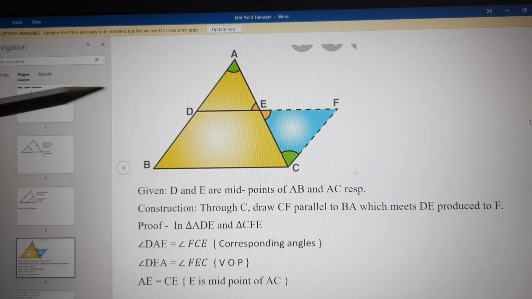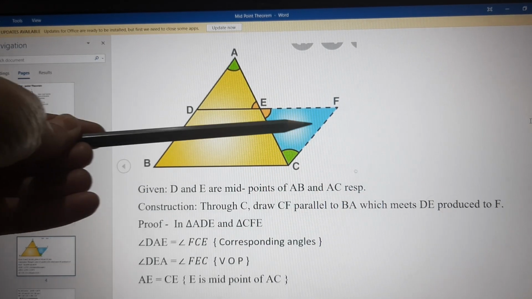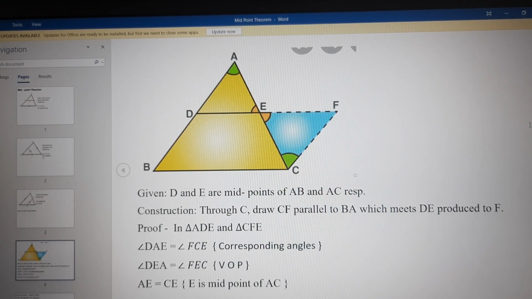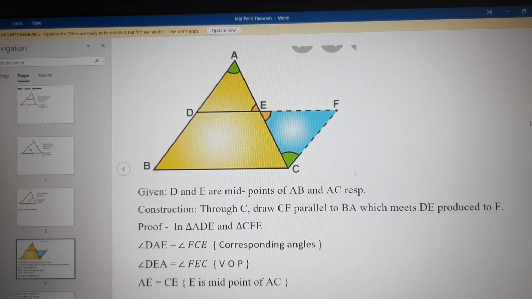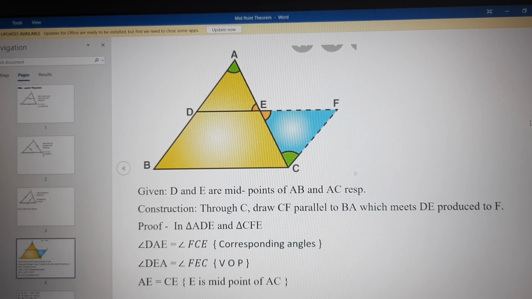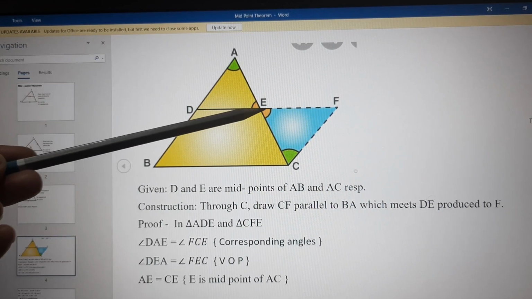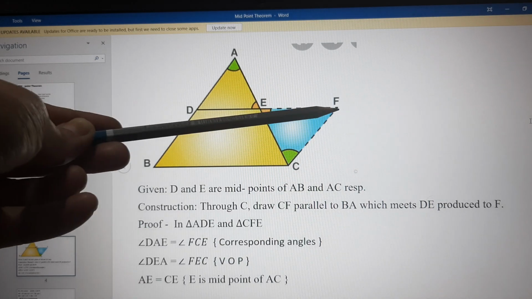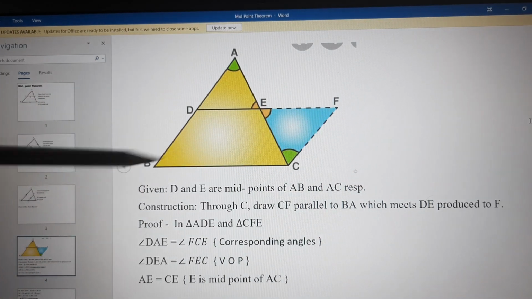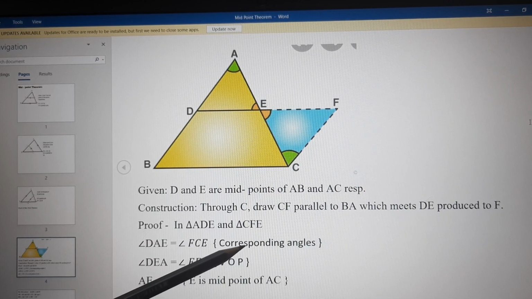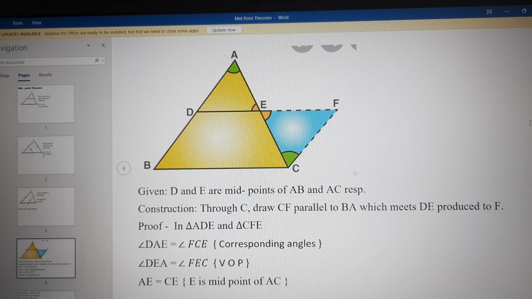By construction, AB is parallel to CF, and if AB and CF are parallel to each other, then angle DAE will be equal to angle FCE, alternate angles. It should be alternate angles, not corresponding. Clear? So two angles we have got.